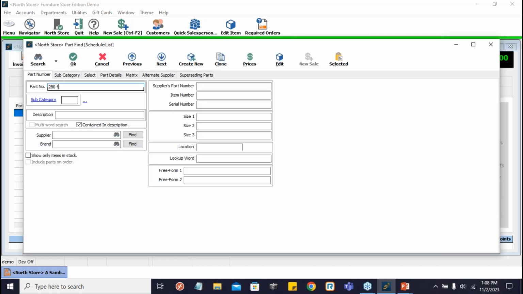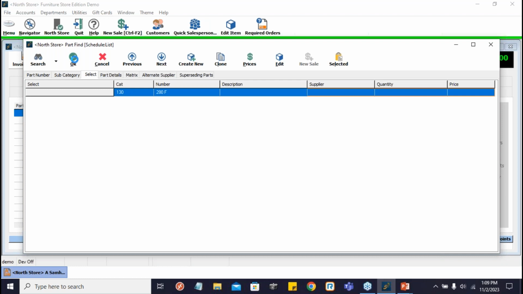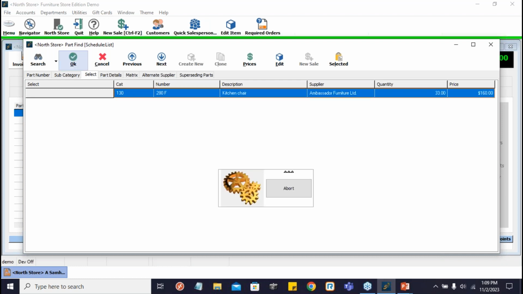The GST is accumulated at $16, and I'm going to close this invoice.